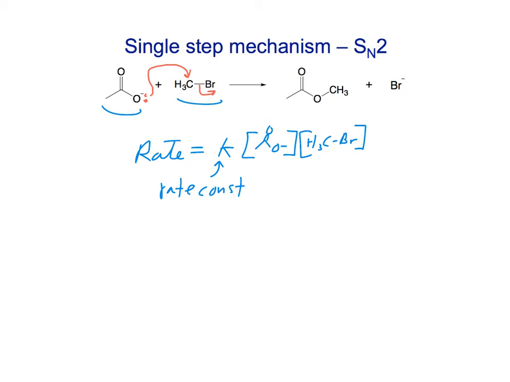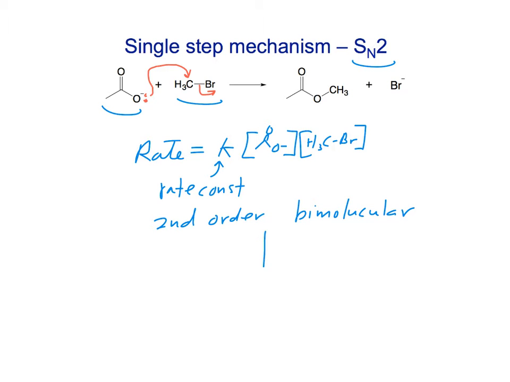And because of this, this reaction is a second-order reaction, because the reaction rate depends upon the concentrations of two species, and we could also call it bimolecular. So that's where the name comes from. SN2 stands for substitution nucleophilic second order or bimolecular.